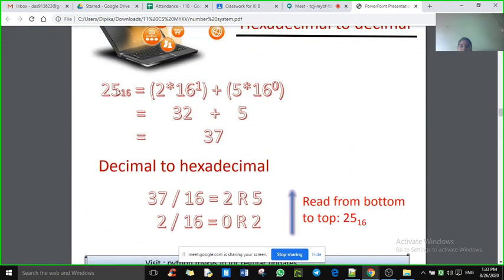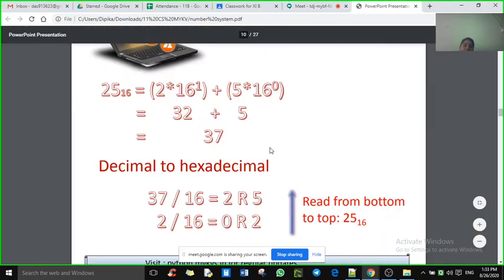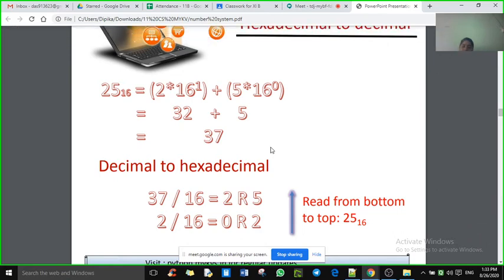Now, another student, Amrishita, unmute yourself. Yes, ma'am. Explain this, 25. In this, we have to convert it into decimal. 25 base 16 equals 2 into 16 to the power 1 plus 5 into 16 to the power 0, which equals 32 plus 5, equal to 37.